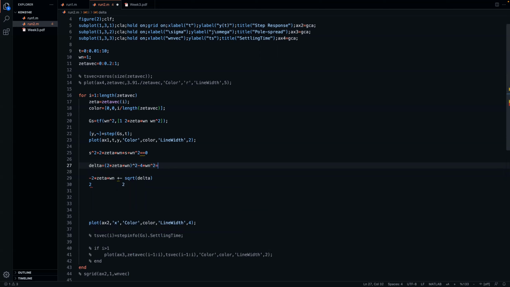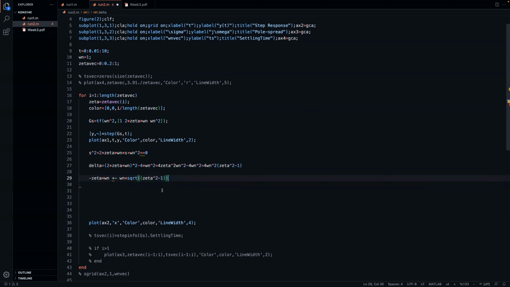We can see that that becomes 4 zeta squared omega n squared minus 4 omega n squared. And let's factor out 4 omega n squared. We end up getting zeta squared minus 1. Since we have the square root here, we can just pull this 4 omega n squared out as 2 omega n. And we can see that the coefficient 2 vanishes here, since we have these coefficients 2 here.